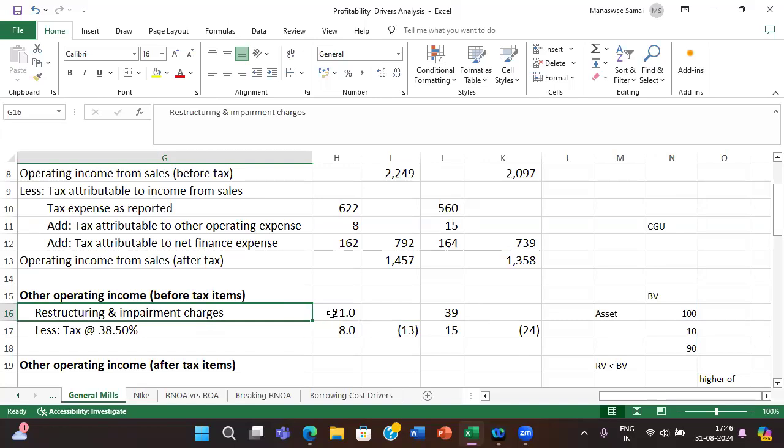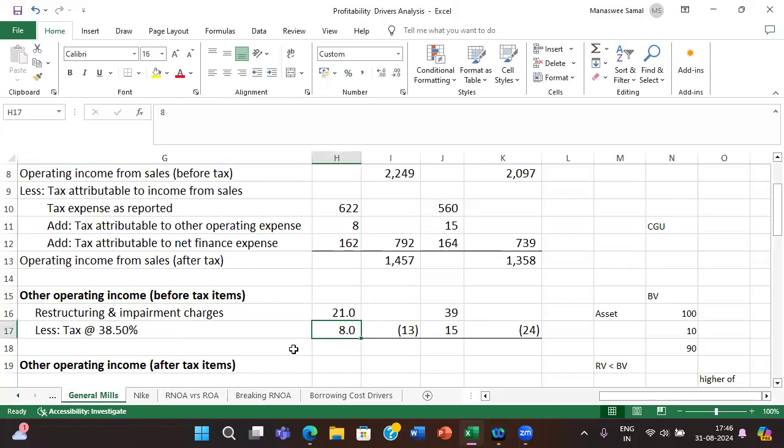So since it is an expense like a fee, you'll have a tax shield on it, isn't it? So you apply the same tax rate. Tax shield on this expense is 8 million. Since you are separating this item from operating income from sales, you are readjusting this as addition here.